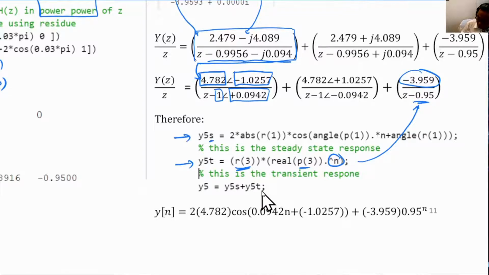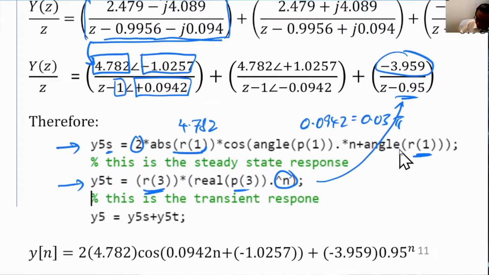Y steady state is 2 times R1. What is R1? R1 is 4.782. What is P1? P1 is 0.0942, which is 0.03 pi. And then we have a delay, R1 angle again, which is minus 1.0257.